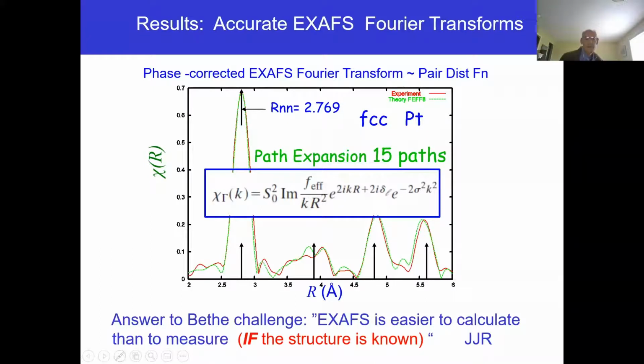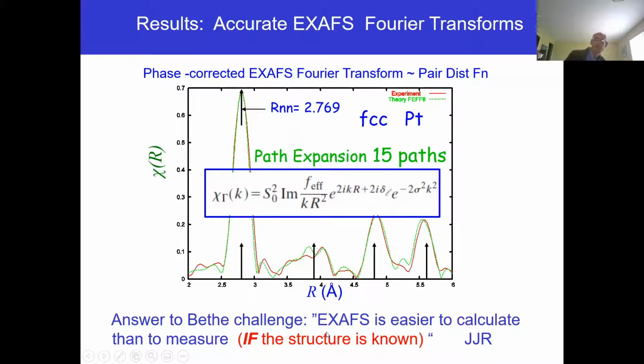Anyway, the upshot is that it turns out that XAS is actually easier to calculate than to measure. This was in response to a statement by Hans Bethe that it was easier, usually, to measure X-ray spectra than to calculate it. But you need to know the structure to begin with.